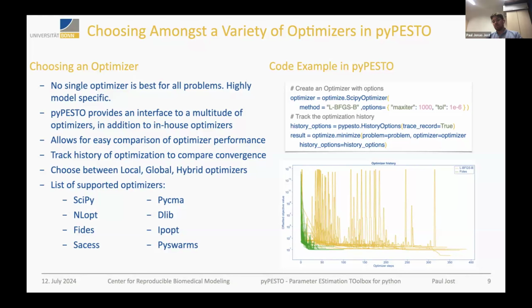And then down there, you can see a plot to compare the history of the optimizers. In this case, we compared LBFGS with feeders, and we can see how many optimizer steps it took, and what's the actual value. And what does it show you? It shows you feeders converges much faster than the SciPy optimizer, but the SciPy optimizer finds a better value at the very end.